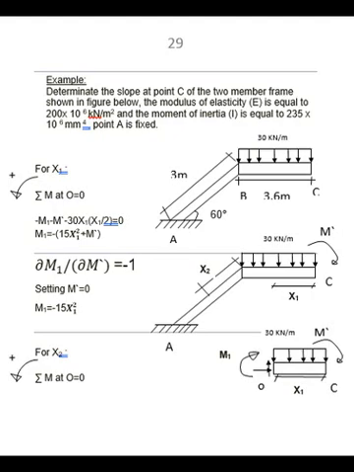The modulus of elasticity E is equal to 200 times 10 to the power 6, and the moment of inertia is equal to 235 times 10 to the power 6. Point A is fixed.